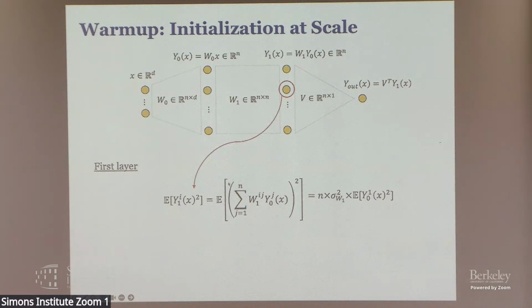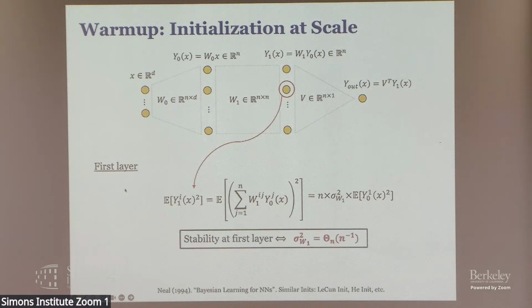So if you want this to remain stable as you scale the network width, then you need to set sigma w1 squared to be something that scales as 1 over n, 1 over the embedding dimension.